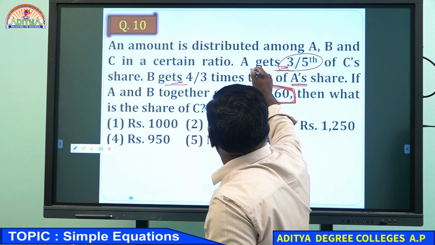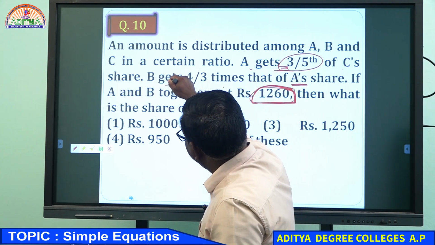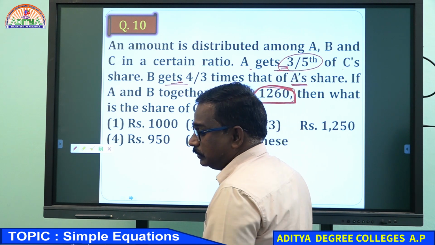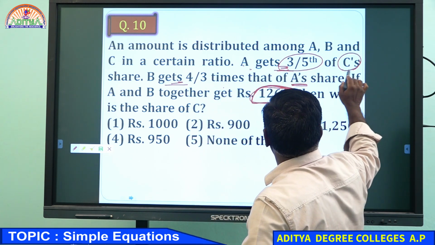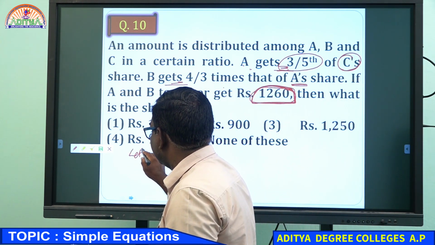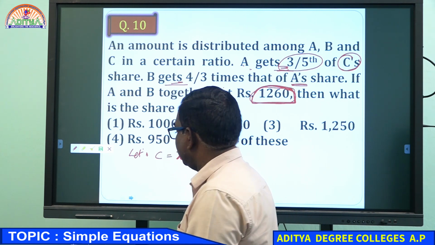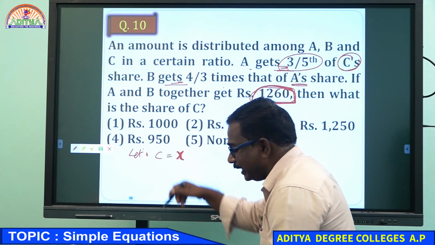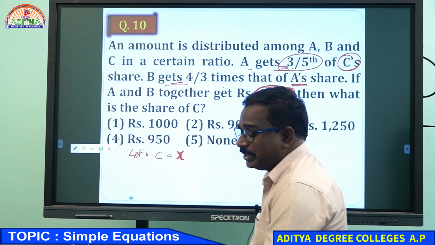See once here, A's share depends upon C and B's share depends upon A. So if you want to get A, first you need to take C's spot. Let C's share be X rupees. Now, by using C, you will get A. A gets 3/5 of C's share.